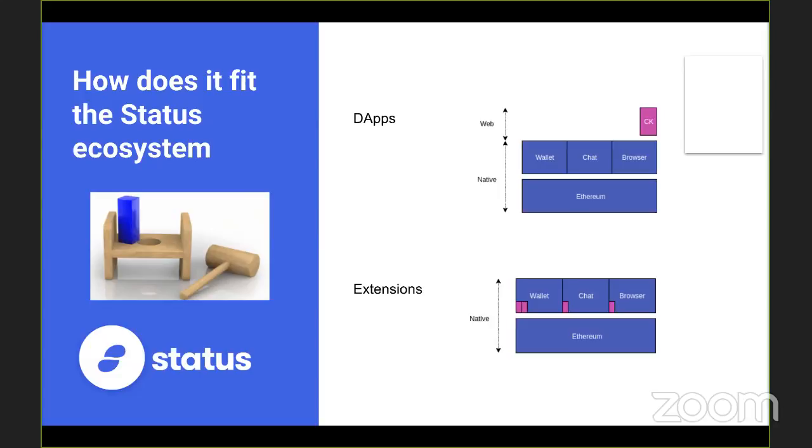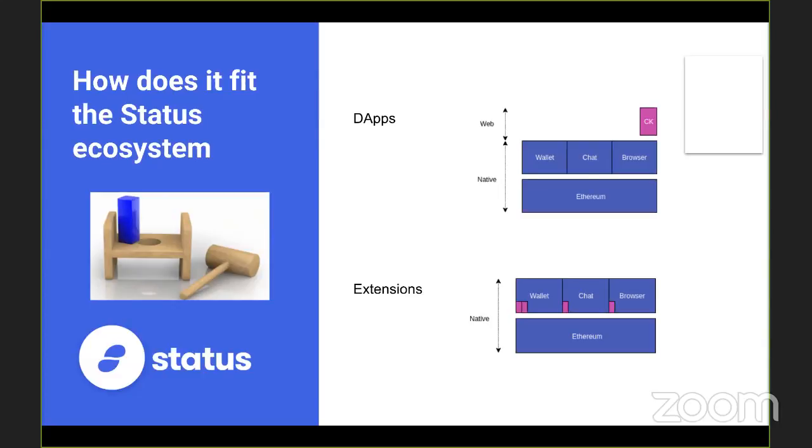Now if you take a look at the diagram below, that's extensions. It's fairly similar, but the difference is that now the extension runs directly within our native layers. Which means, first, that you will get much better performance and platform integration, so a much more interesting visual result.